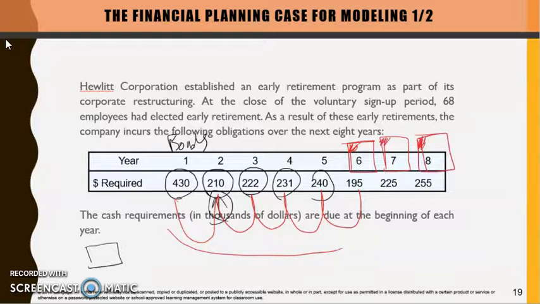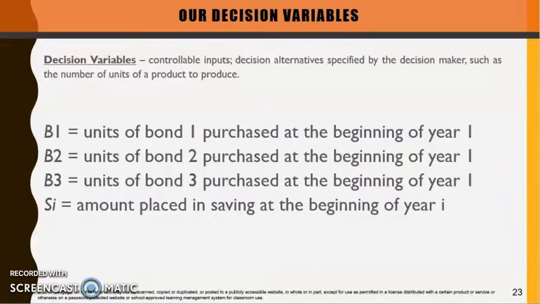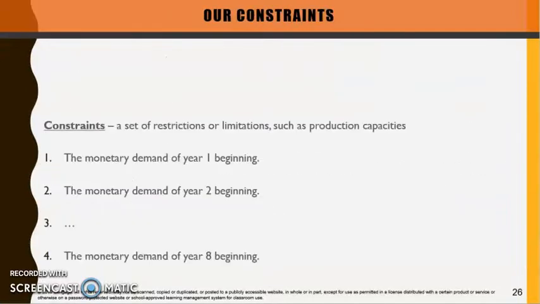All these things need practice, re-listening, re-watching, and re-practicing, because it's a new chapter with many points regarding mathematical modeling. So please be patient with yourself while you are learning. Okay, now let's go for the constraints that we have, and let's start with the monetary demand of year 2.